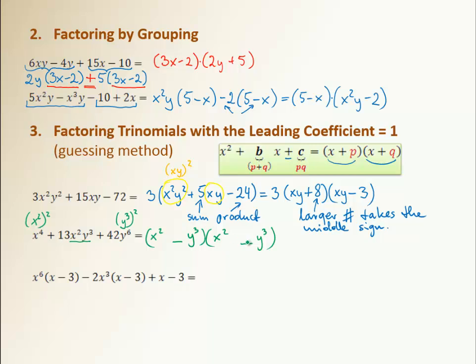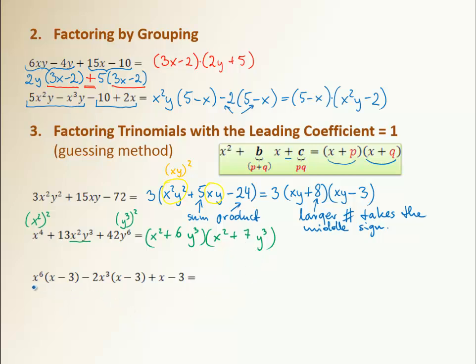So the product of them will be 42, and they will add up to 13. Well, those two numbers would be 7 and 6. Because 7 times 6 is 42, and they add up to 13, we need to use two of the same signs. What kind of signs? Two positive signs. So that will be your final factored form.